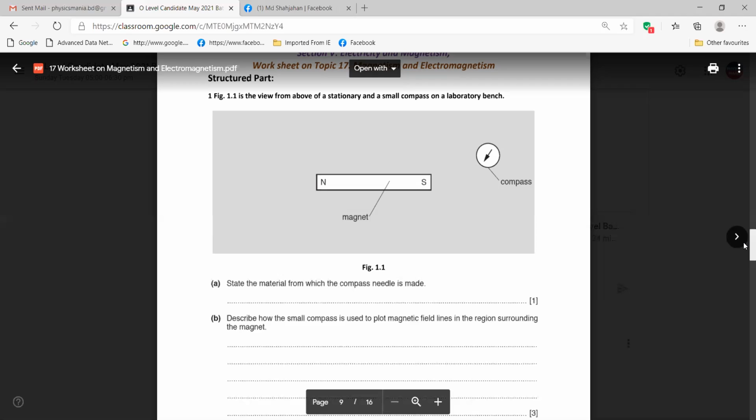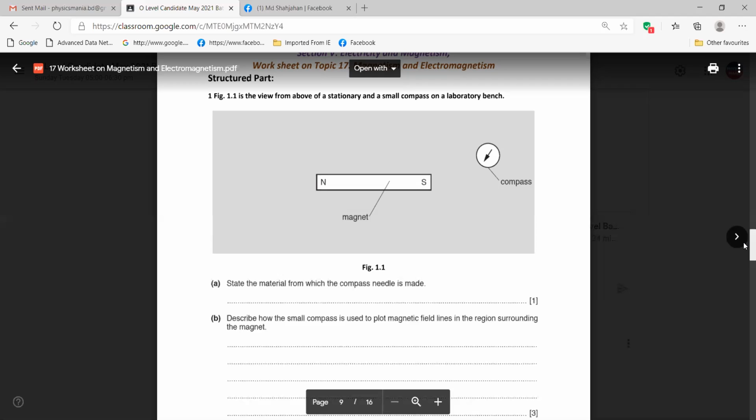It is a permanent magnet. So the compass needle should be made from either steel, cobalt, or nickel. It's not from iron, as iron is used for making temporary magnets.